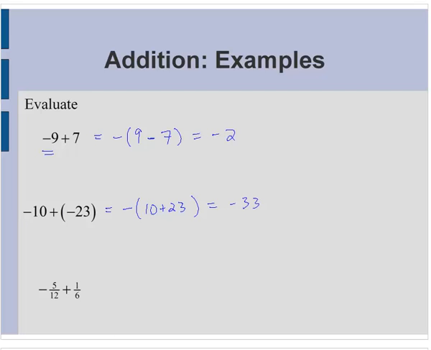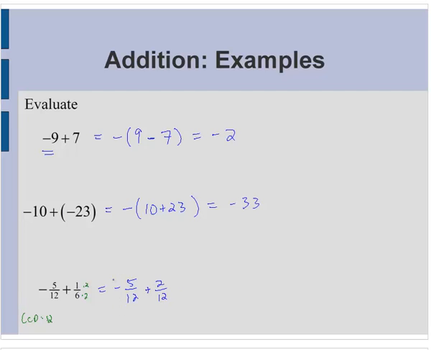Now here we have -5/12 plus 1/6. It's a little bit more difficult to determine which is larger in this case, because they have different denominators. So let's build up the fractions so that they have a common denominator. The LCD would be 12. Leaving the first fraction alone and multiplying the second fraction by 2 gives us -5/12 plus 2/12.